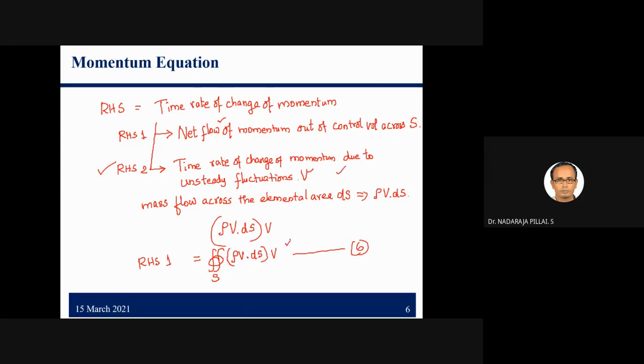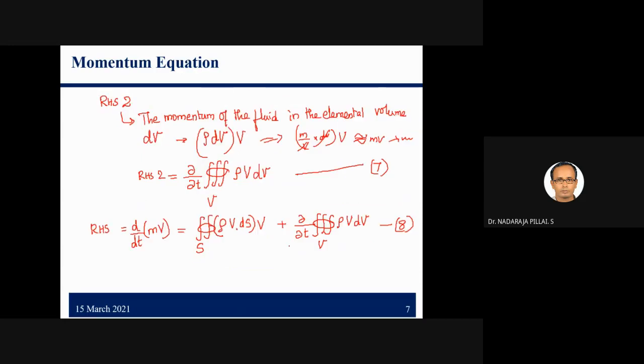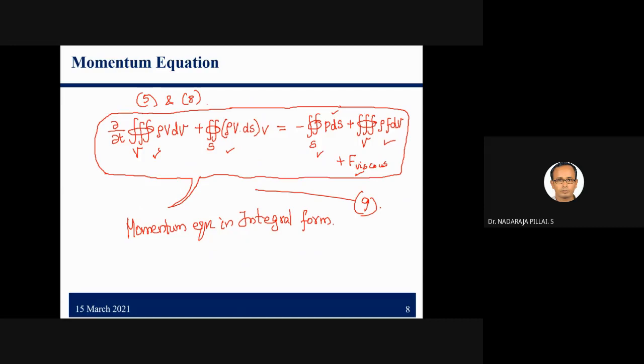So the first is the net momentum, and the second is the time rate of change of momentum. The right-hand side can be written in this form, and finally we get the momentum equation in integral form.